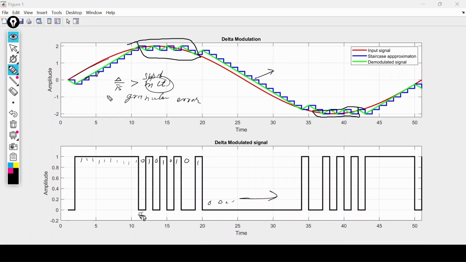When this delta upon Ts, the slope of delta modulation, is less than the slope of m(t), what is m(t)? This red signal is represented as m(t). In this case, it is called slope overload.